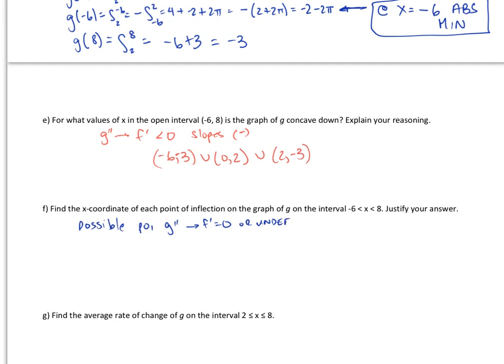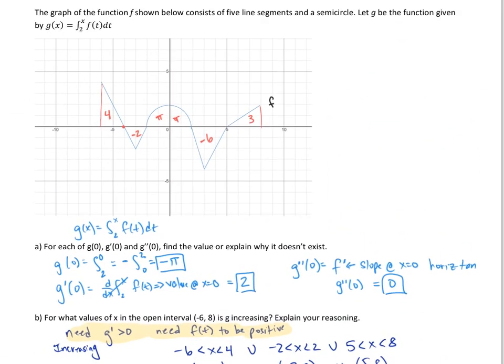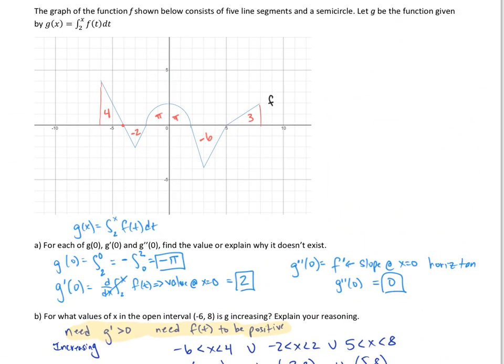So I'm going to look at my f prime graph, which are the slopes, and determine where these slopes are 0 or undefined. Well, when you look up here, there's only one part where the slope is 0, and that's right here. But all these other points will be undefined, because these are discontinuities, so I have to include all those other points.